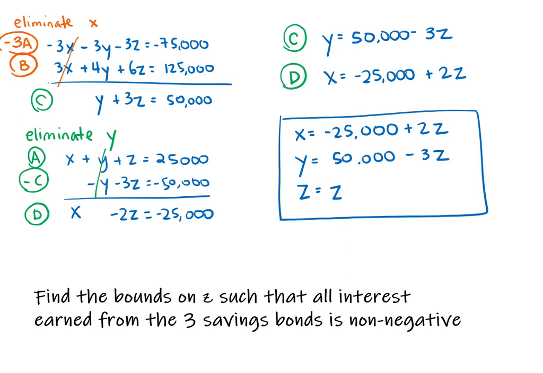So the second part of this question says, find the bounds on z such that all interest earned from the 3 savings bonds is non-negative. I'm going to do this by graphing each of these equations, and if I graph it, then I can find out what values z can be so that x and y and z will all be non-negative.